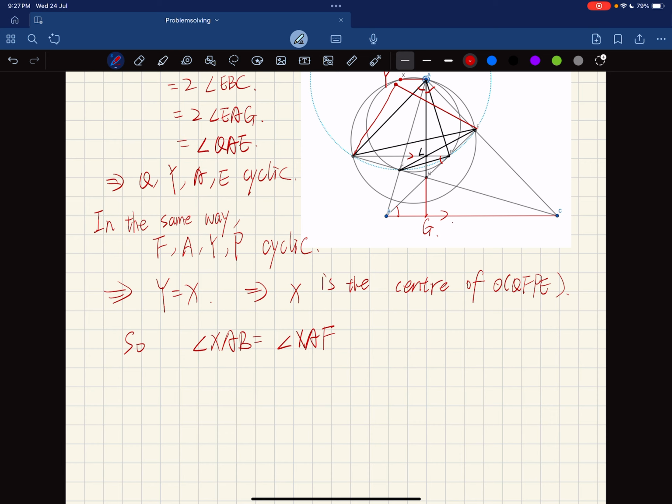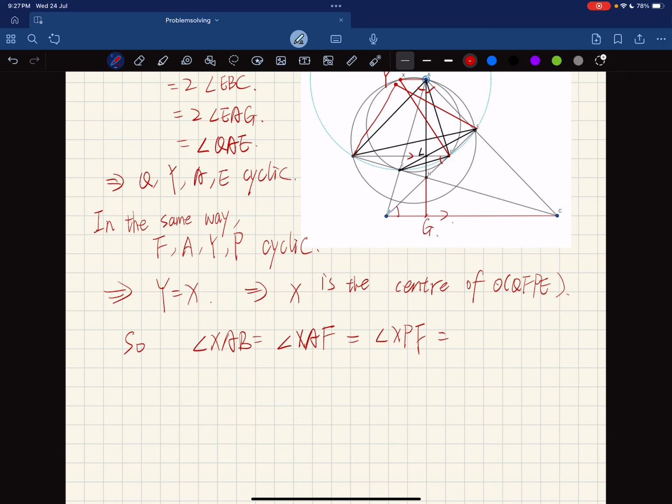So equals XAF equals XPF. That's because of the isosceles triangles, because of the circle we have.